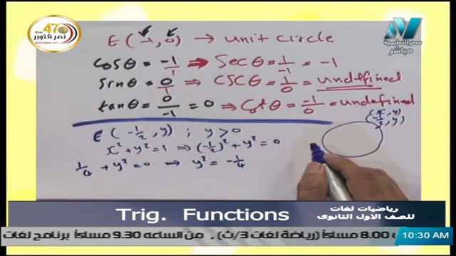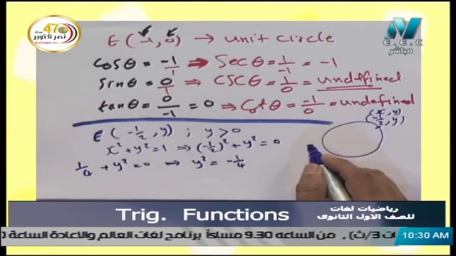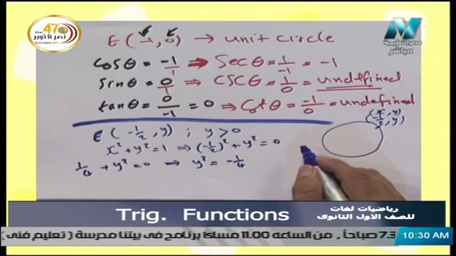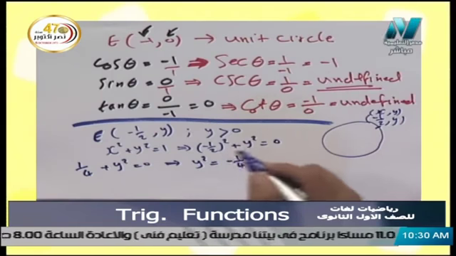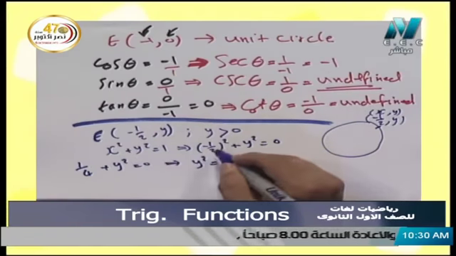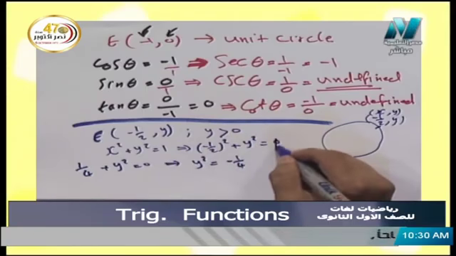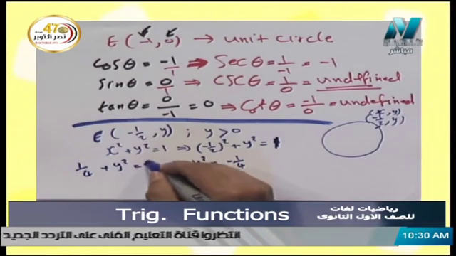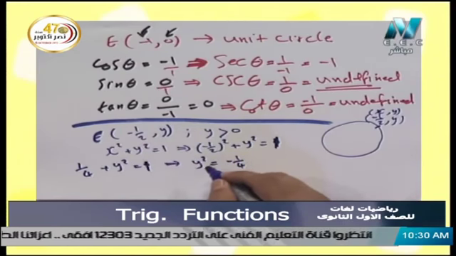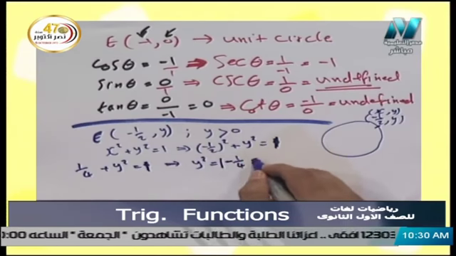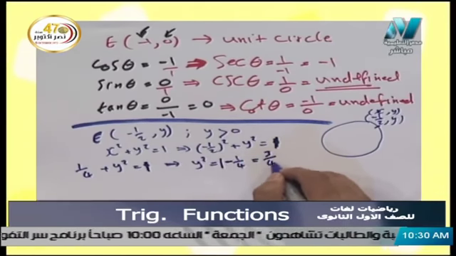Okay. Sorry, we have here x power 2 plus y power 2 equals 1. So negative half power 2 plus y power 2 equals 1, not 0. So 1 over 4 plus y power 2 equals 1, and of course y power 2 equals 1 minus 1 over 4, so equals 3 over 4.